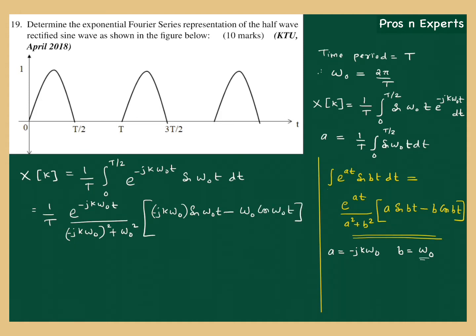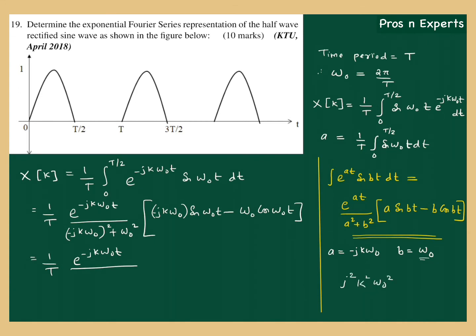Now we can simplify it. 1 by T, actually this is under the limits 0 to T by 2. After some more simplification we can put down the limits. So e raised to minus jk omega 0 t whole divided by minus jk omega 0 whole square, which is plus jk omega 0 square, because minus squared is plus, so j square k square omega 0 square.